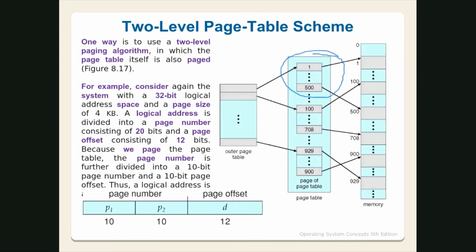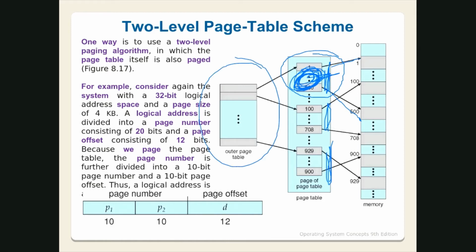Here there may be 500 entries, here maybe 600 plus, and here a few. This contains frame 1, this contains frame 500. I don't know how many frames are inside, but it is smaller than the outer page table.